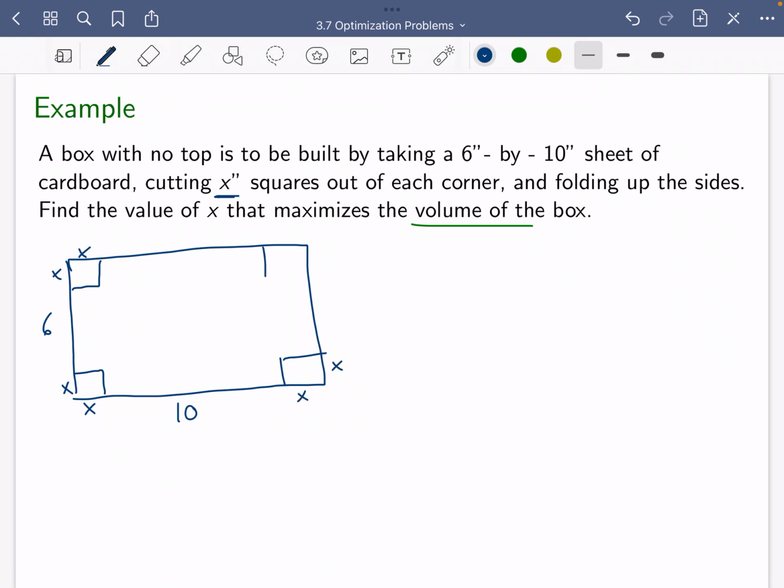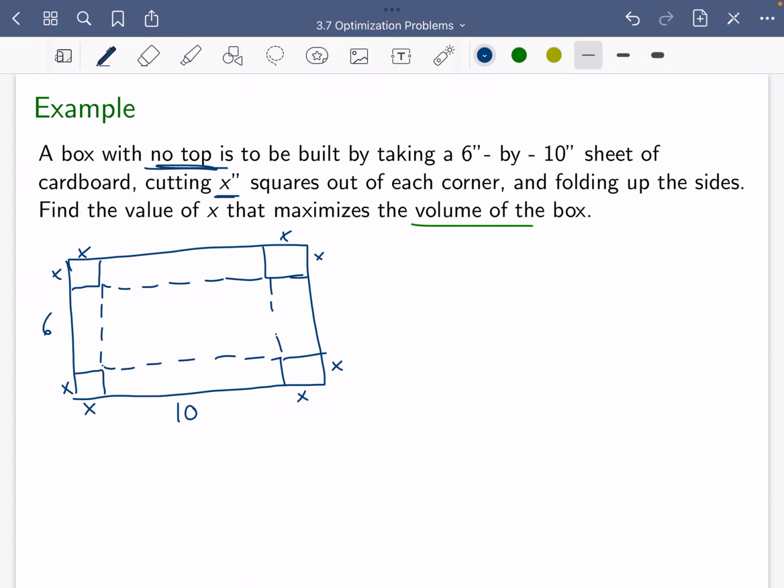We're doing that at every single corner. And then we're going to fold along these dotted lines that I'm drawing, right? So we're folding up those edges to create this box. The box has no top. We are told it has no top.